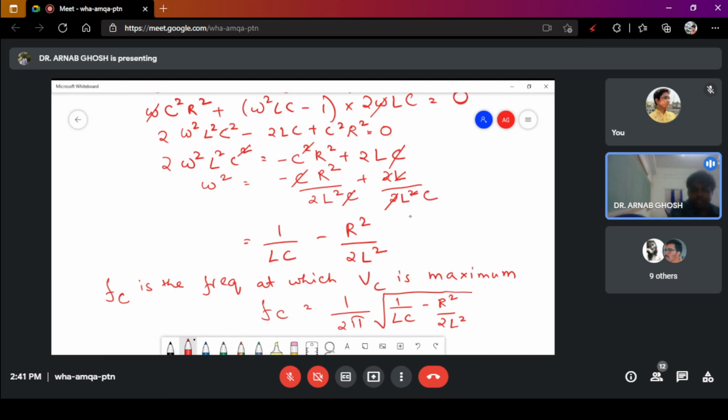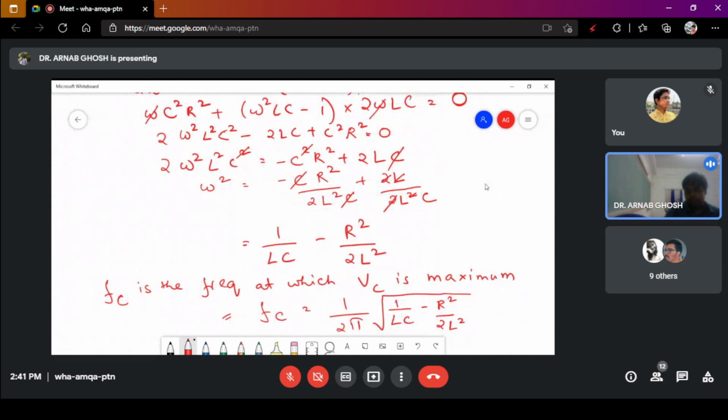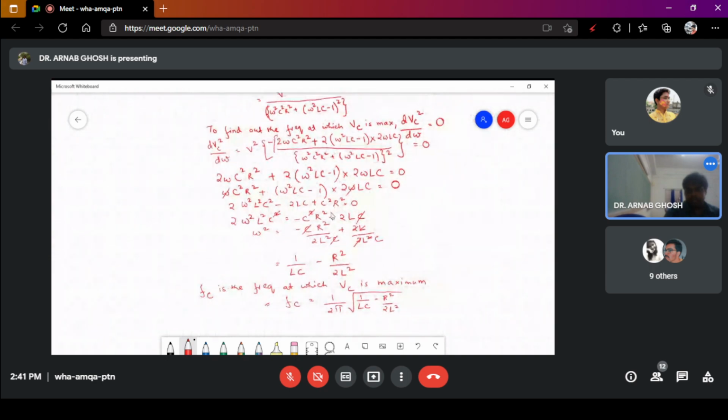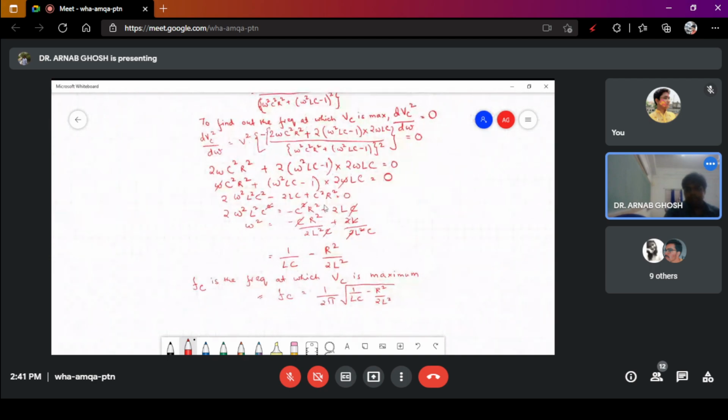So please check this entire derivation. Just see if this is okay. You have to find out the frequency at which VC is maximum, so what you have to do is set the derivative equal to 0.